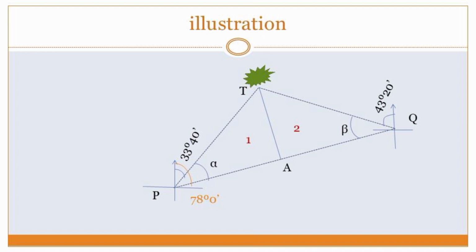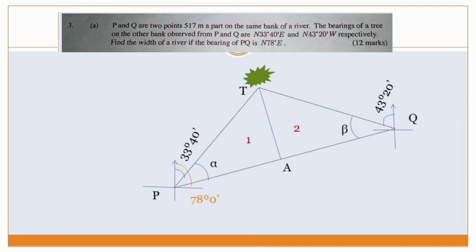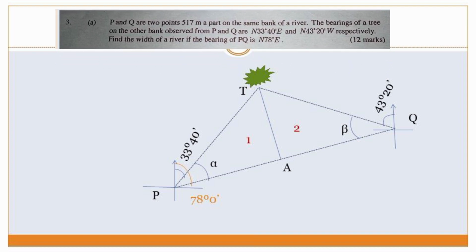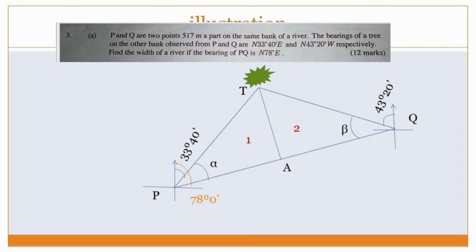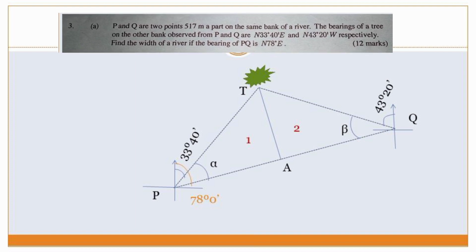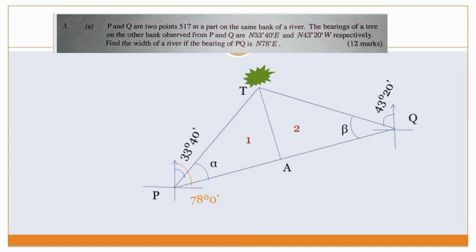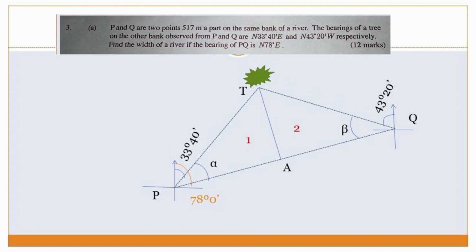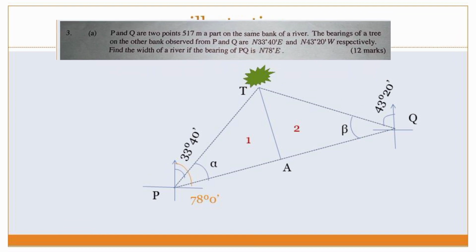First of all, those are bearings, those are quadrant bearings. Maybe you did them in high school, but they are tackled in module 2 survey. So for P towards east, that is north 33 degrees 40 minutes east, that is found in the first quadrant, as you can see on the diagram.